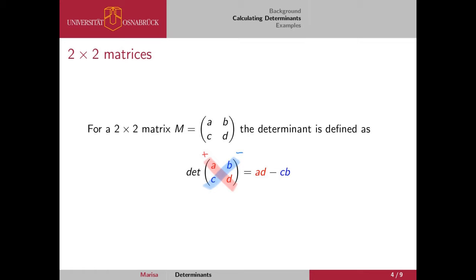So we start from the top left and multiply it with the bottom right, so A times D. We take this positive, which is why there is a plus, and then we subtract C times B, so the bottom left with the upper right.